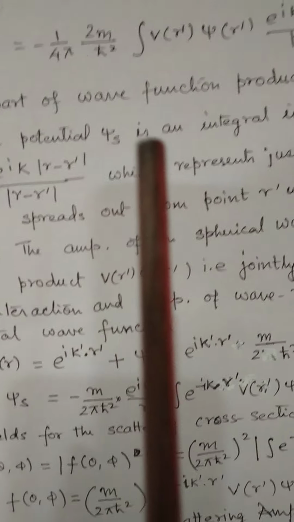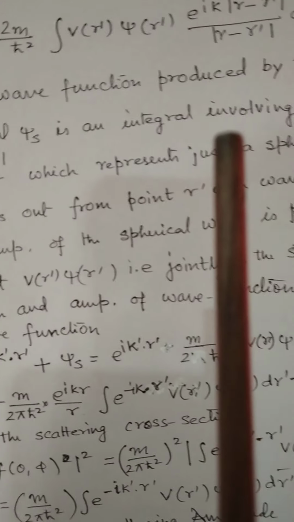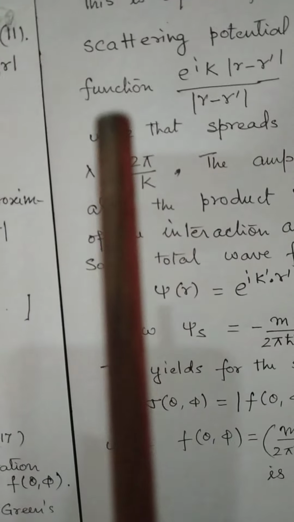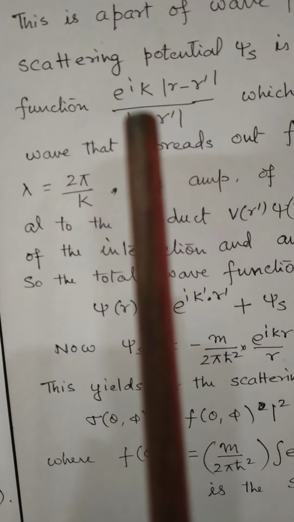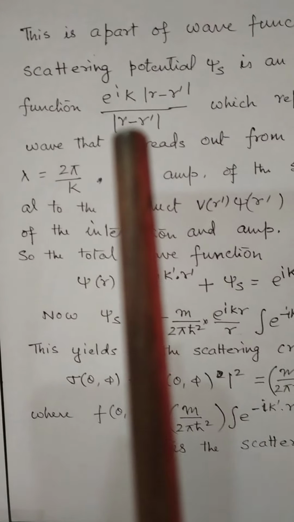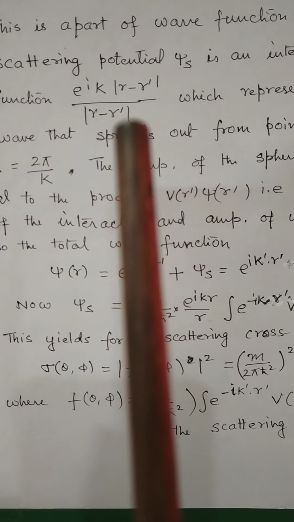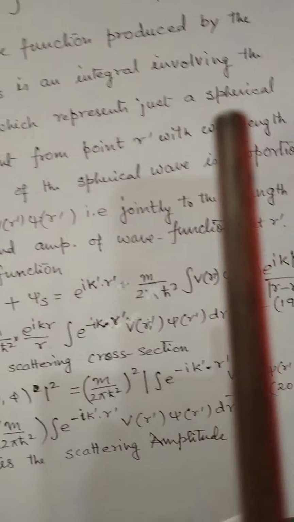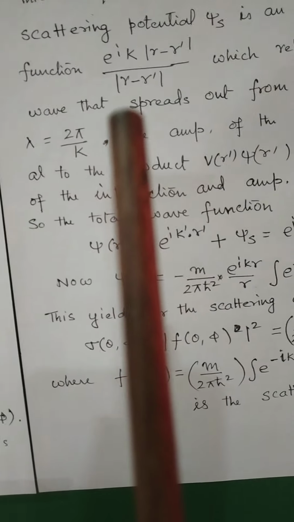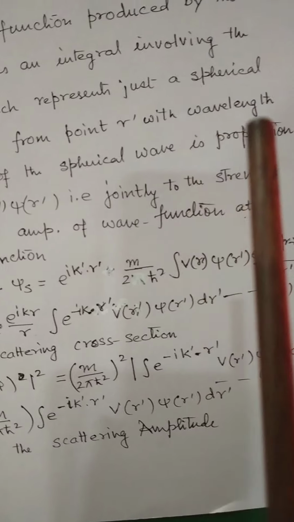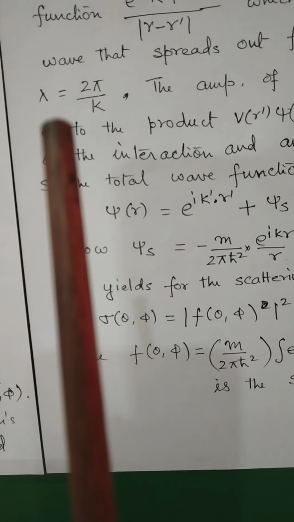Psi s is an integral involving the function e raised to the power of iota k absolute value of r minus r dash, divided by absolute value of r minus r dash, which represents just a spherical wave that spreads out from point r dash with wavelength lambda equal to 2 pi upon k.